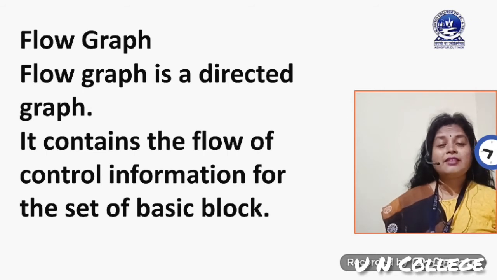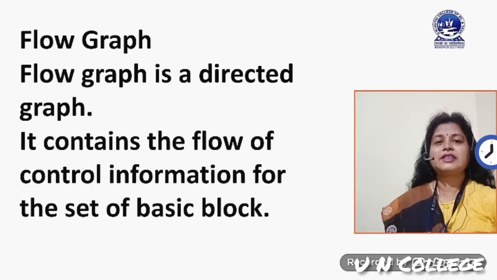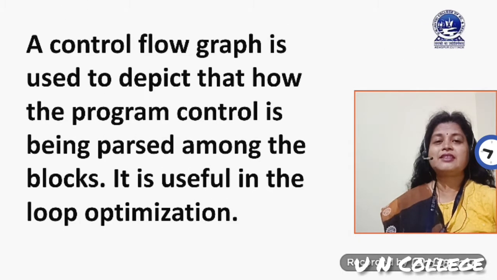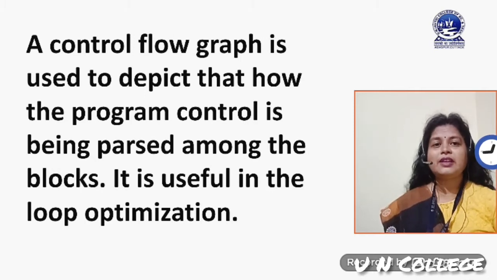The way control flows from one block to another block is represented using a flow graph. This is the use of a flow graph. A control flow graph is used to depict how the program control is being passed among the blocks.